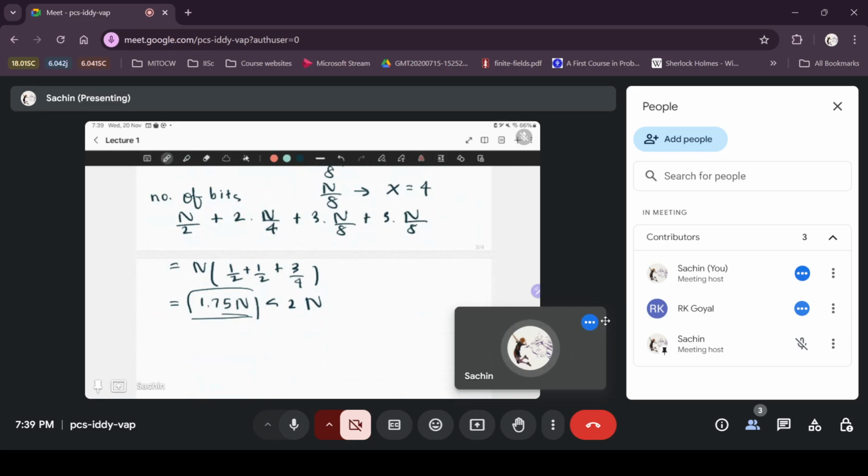Yes, that's how you interpret it. On average, you need 1.5 bits per symbol.